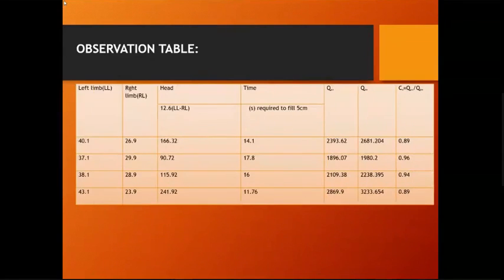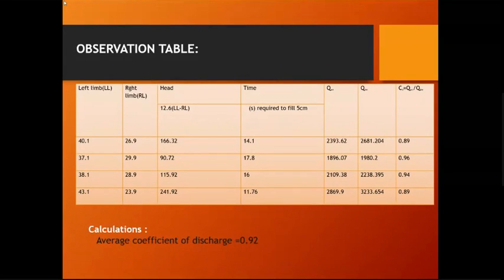Now this is the observation table. First we have the left limb reading and then the right limb reading of the manometer. The head loss is calculated by this formula, 12.6 times left limb reading minus right limb reading, and this is the time to reach 5 centimeter height. And these are the readings of Q actual and Q theoretical, and the coefficient of discharge is calculated as Q actual upon Q theoretical.